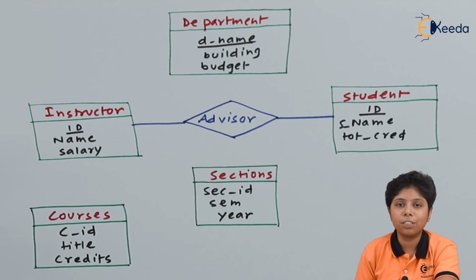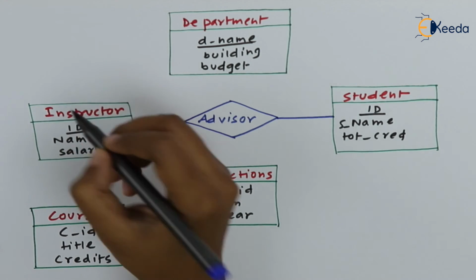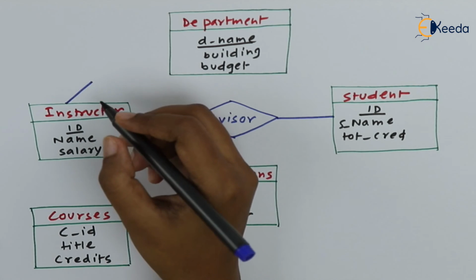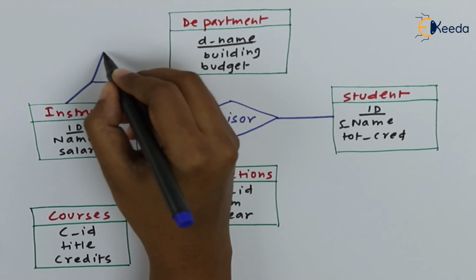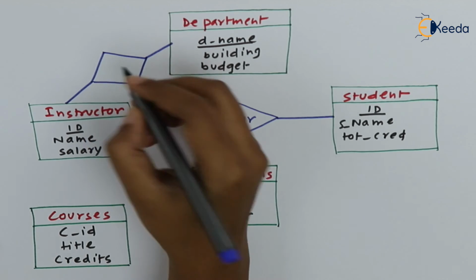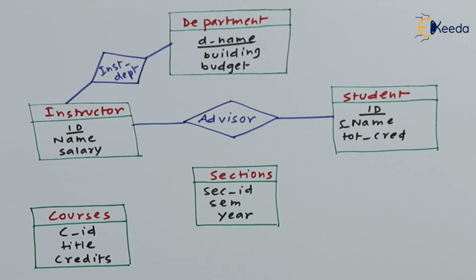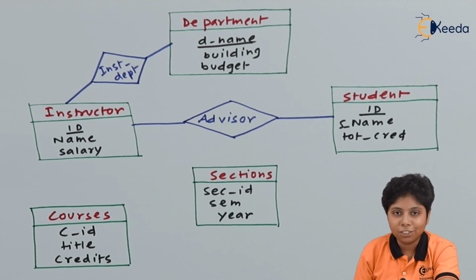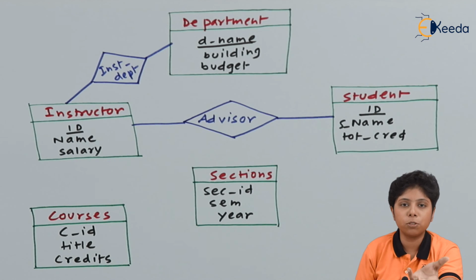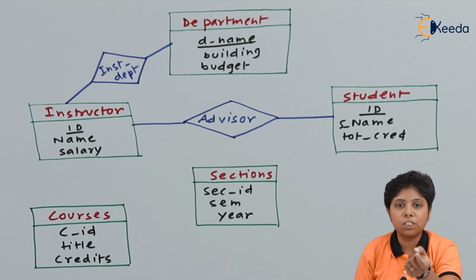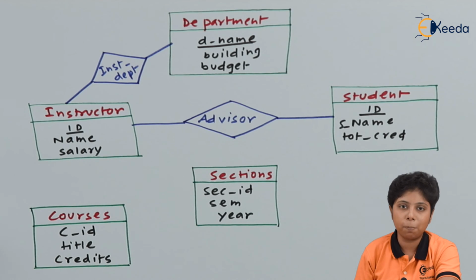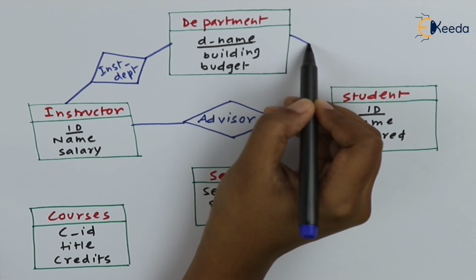So the instructor has an inst_dept relation with the department. Now the department also has students, that is, the group of students belonging to a department. So that defines the stud_dept relation between a department and a student.